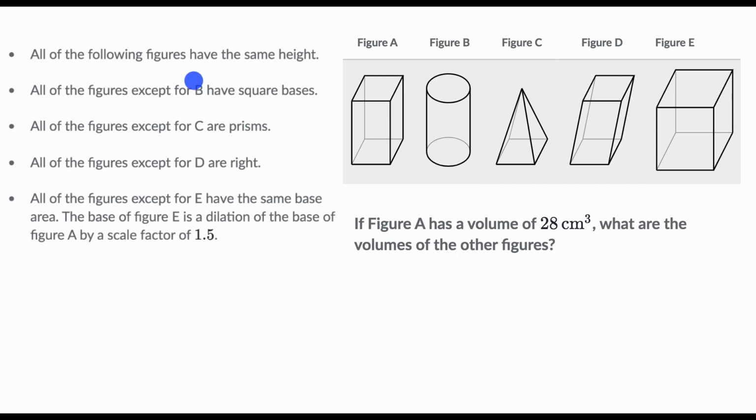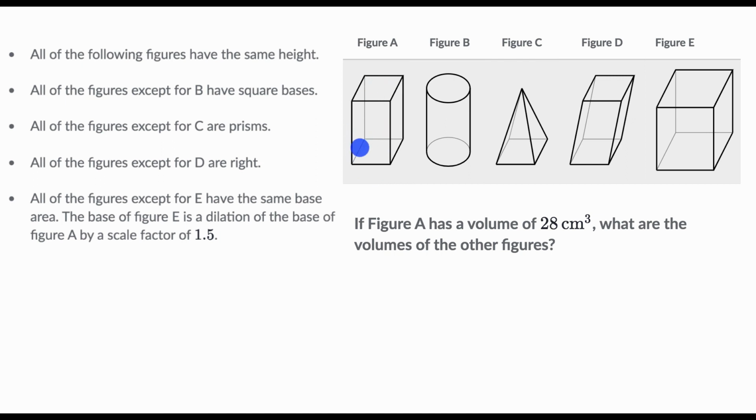Now, they're telling us about the bases and the heights, that a lot of these have the same base area. Figure E is going to be different. And they also tell us that they all have the same height. So one way to think about volume is it's going to deal with base and height. And so for figure A, it's pretty straightforward.